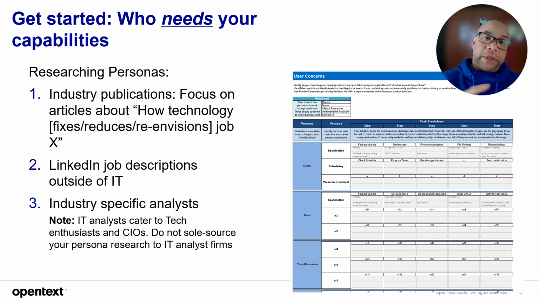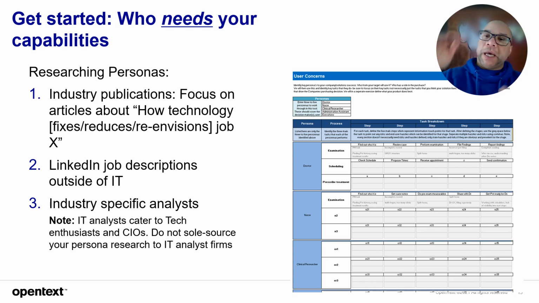So the kind of industry publications and blogs you're looking for are going to be in their industry. For example, if your main customer is in healthcare or pharma, you want to find healthcare and pharma blogs and publications. And what you want to focus on is articles that deal with technology. So how technology reduces, fixes, or envisions job X, or why your job won't be replaced by AI. That's probably your best bet right now.